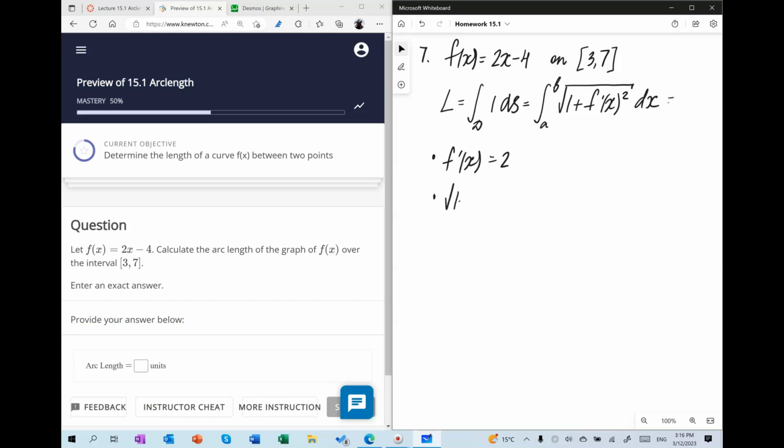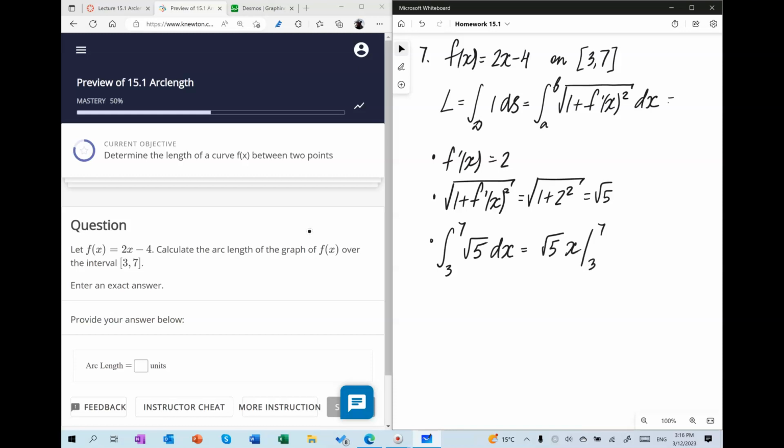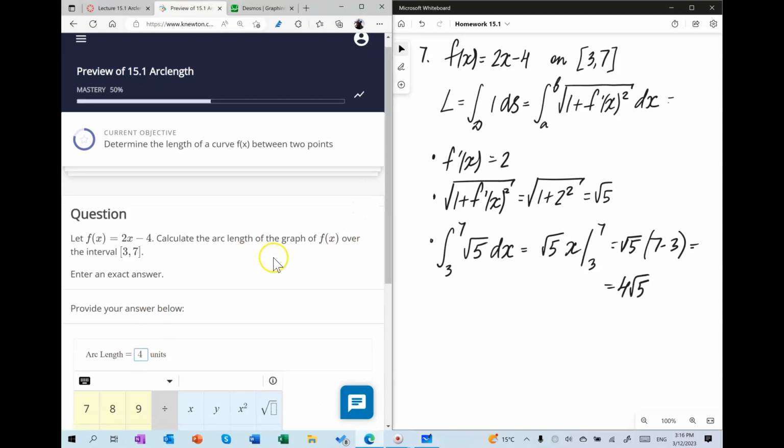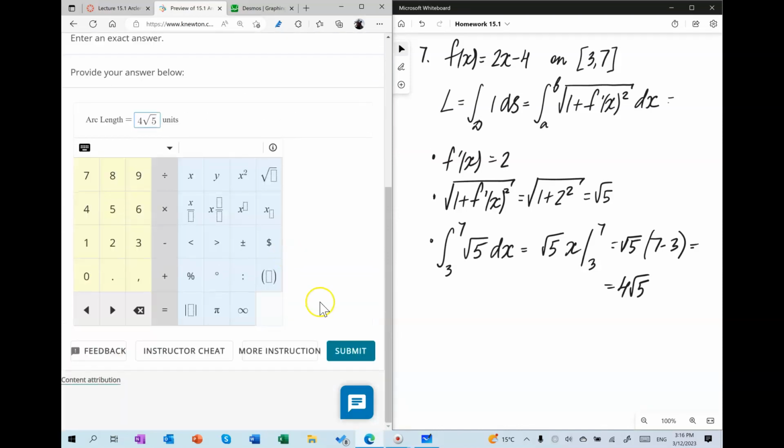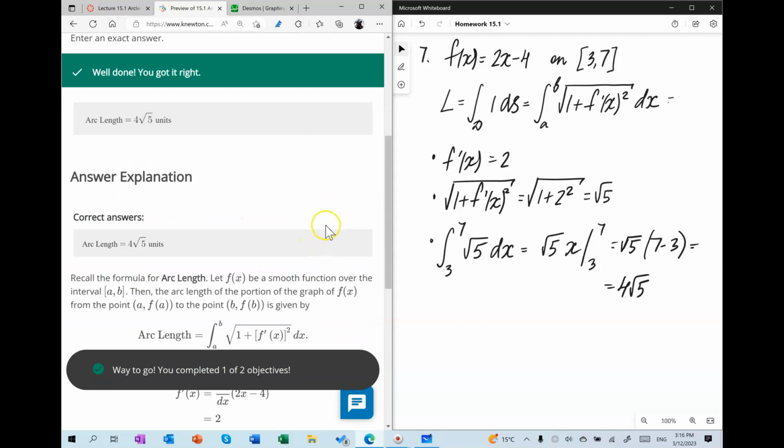The second one is to compute this expression. Then we're going to set up this integral. And it's nothing but just a linear function. So the answer is 4 square root of 5. We probably wouldn't be able to get that answer from Desmos, but that's what Wolfram Alpha is for.